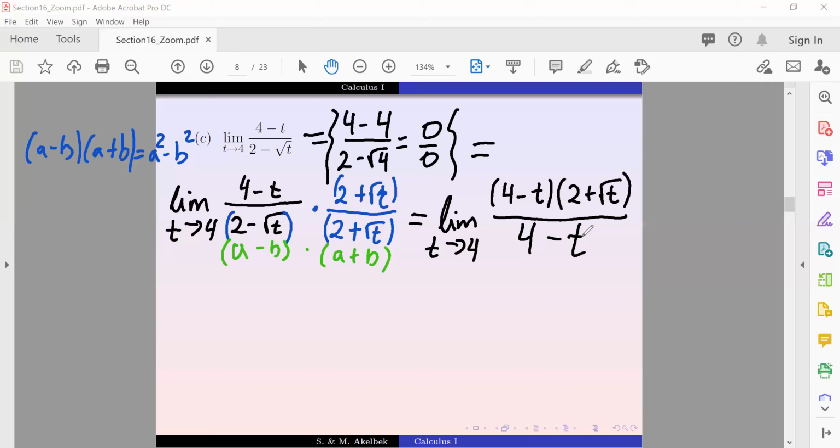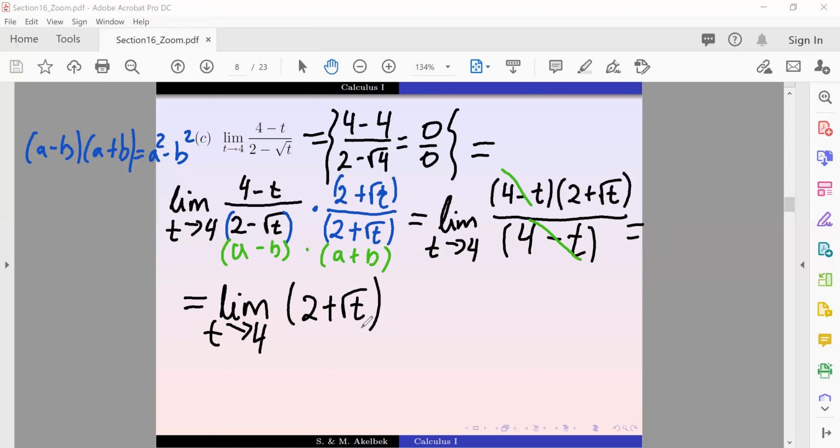So we see that we are getting the same factor, right? In that case, 4 minus t reduces out. So we have equal limit as t goes to 4, and I am left with 2 plus square root of t.